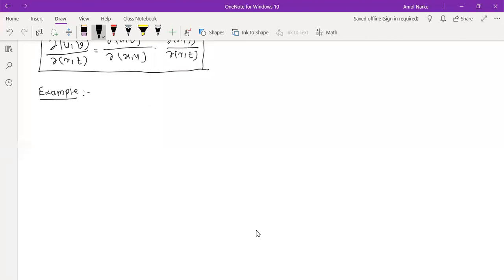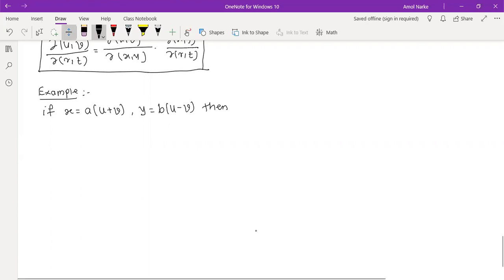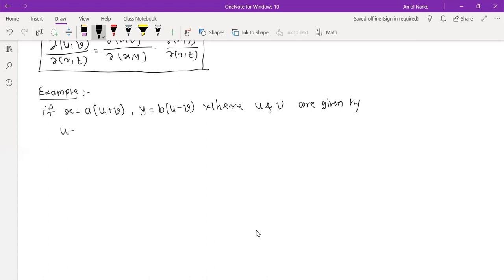The example is: if x is equal to a(u plus v), where a is a constant, and y is equal to b(u minus v), and u and v are given by u equals r square cos 2 theta and v equals r square sin 2 theta, find the Jacobian of x, y with respect to r and theta.